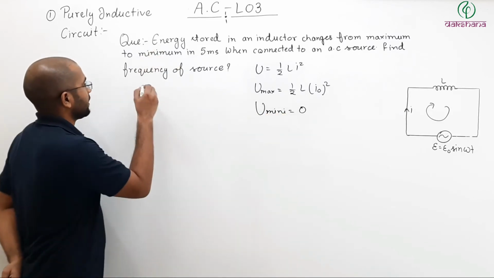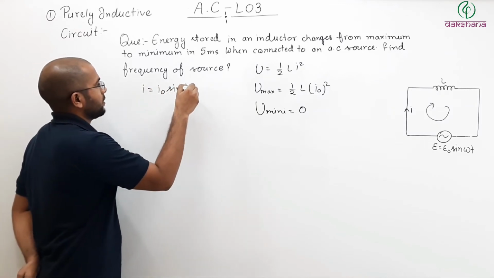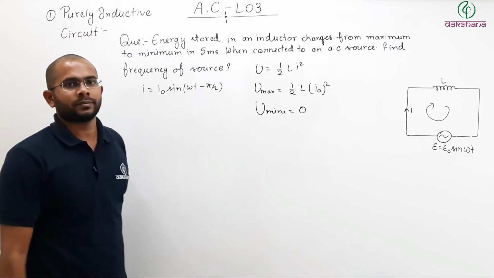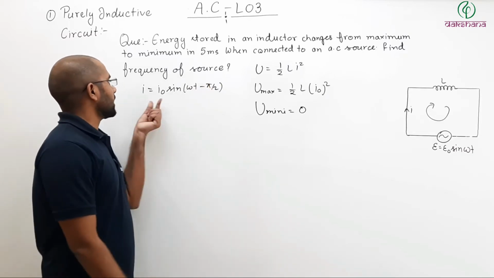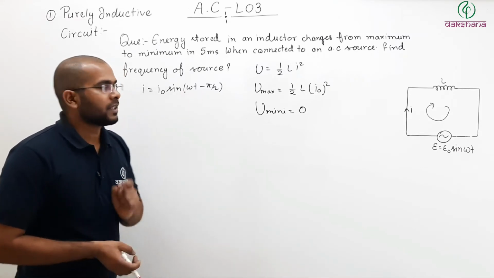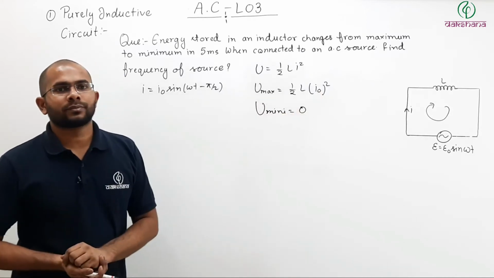Current is written as I naught sine of omega t minus pi by 2. So here I have to go from I naught to 0.